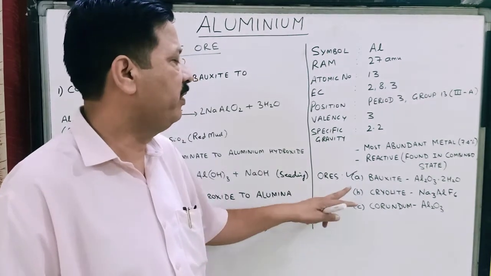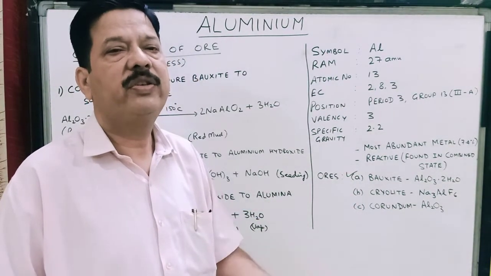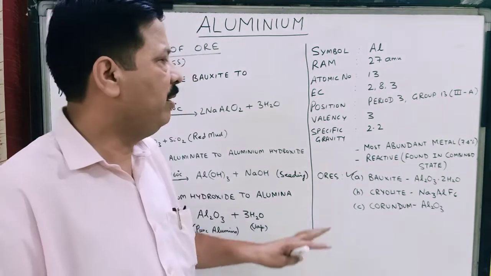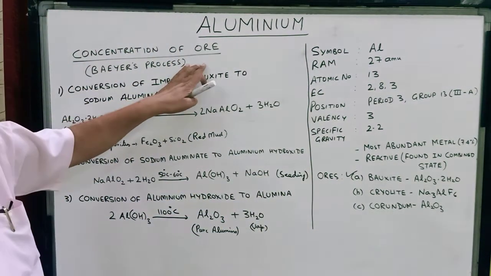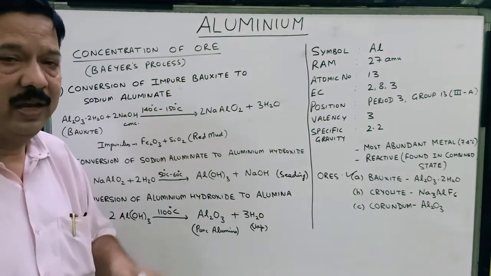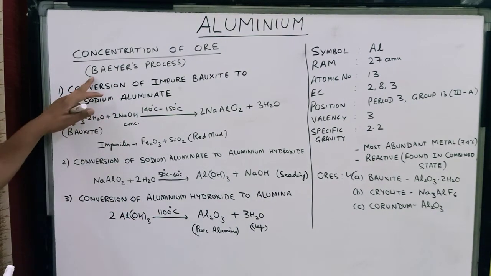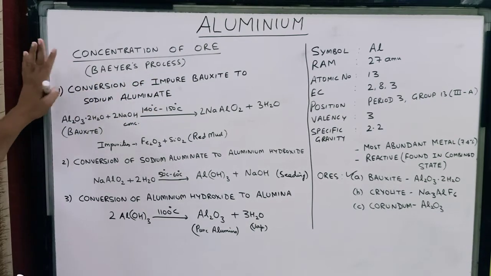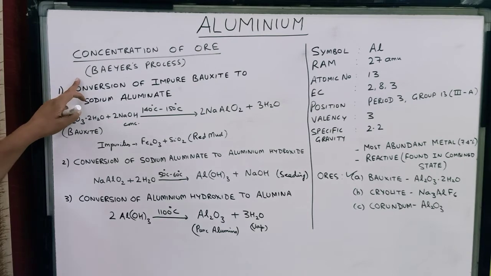So if you want to extract aluminium from bauxite, then it has to be concentrated, or cleaned, purified. So the very important step after this is the concentration of ore, that is the concentration of bauxite. And the process which we have in the syllabus is Bayer's process.